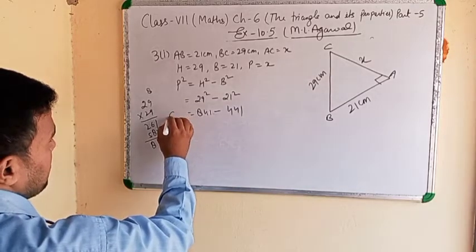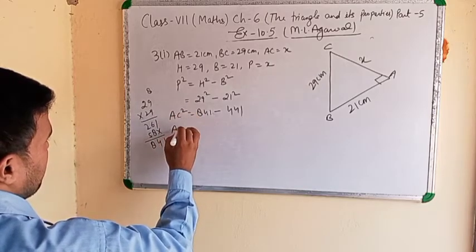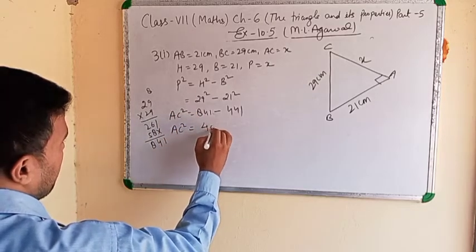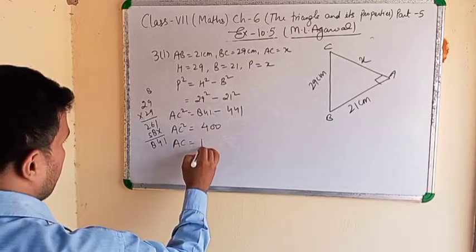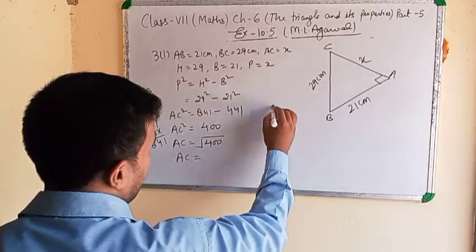P square means AC square. The AC square equals 400. The AC equals square root of 400.